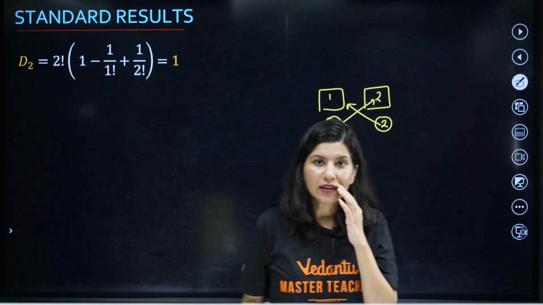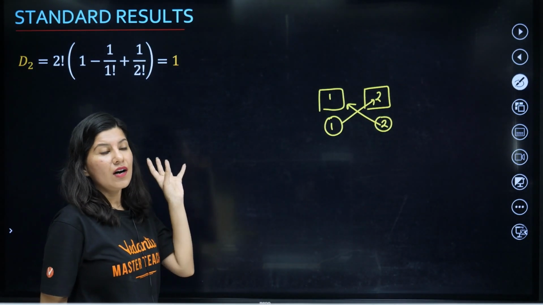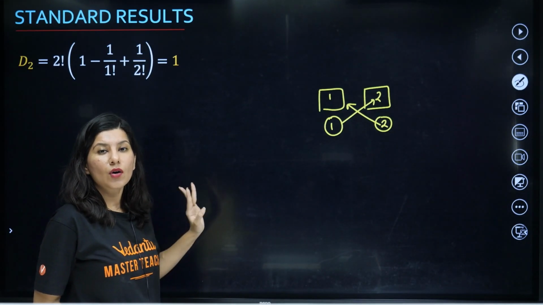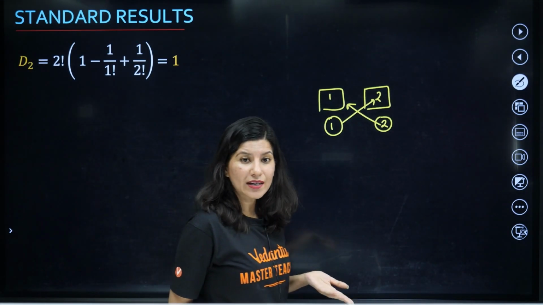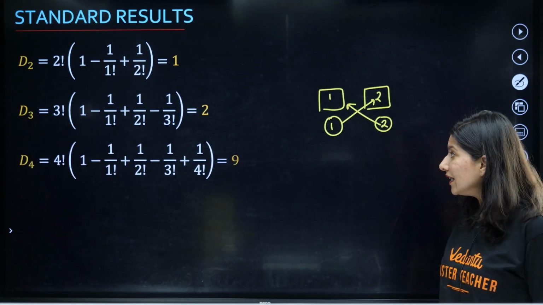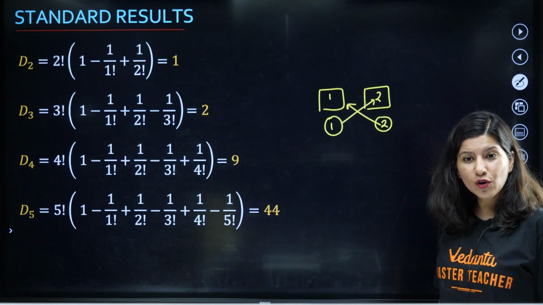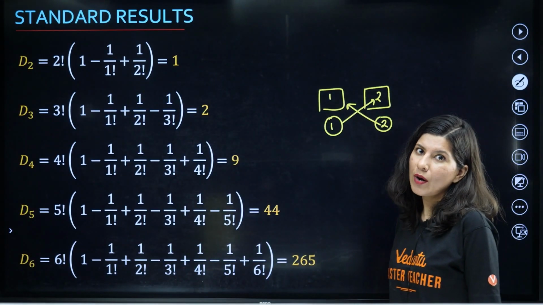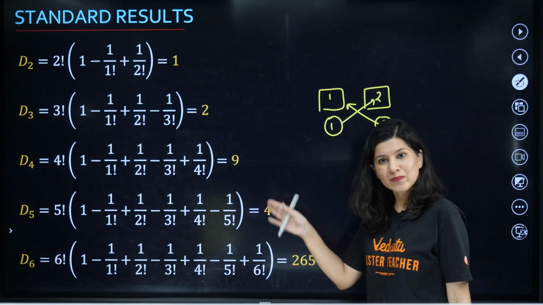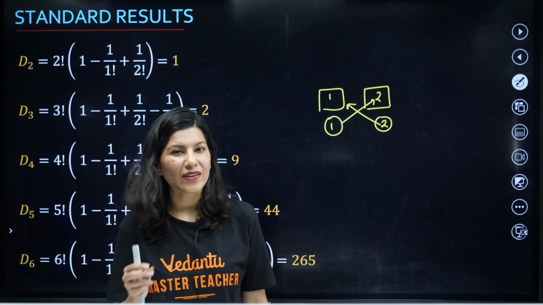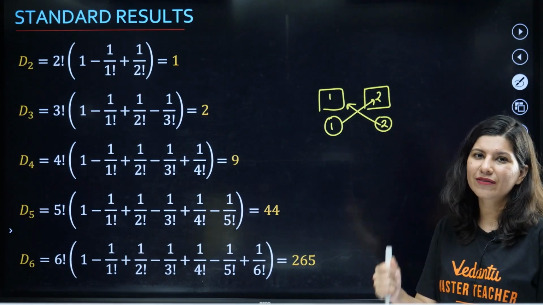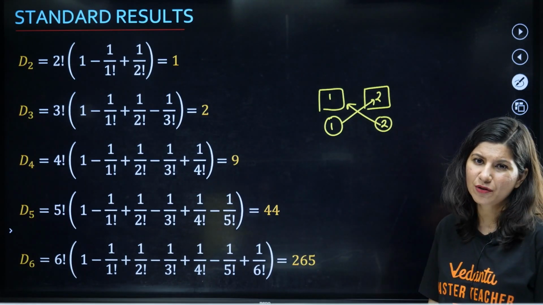We are just preventing things from going to their original position. So D2 is 1, D3 we just calculated is 2, D4 is 9, D5 is 44 and D6 is 265. If you learn this now, your life will be much easier. Otherwise, the formula is very easy and not difficult to calculate, but this will give you confidence as well that we know the values.